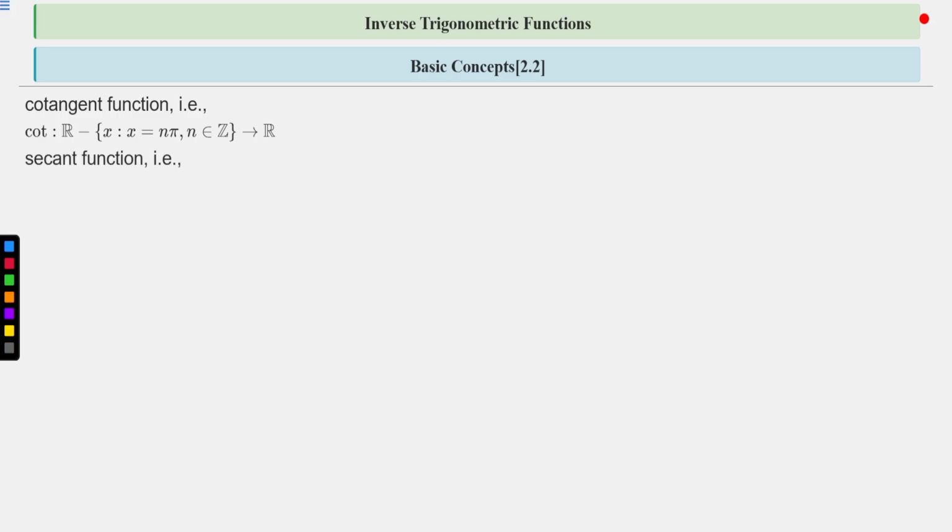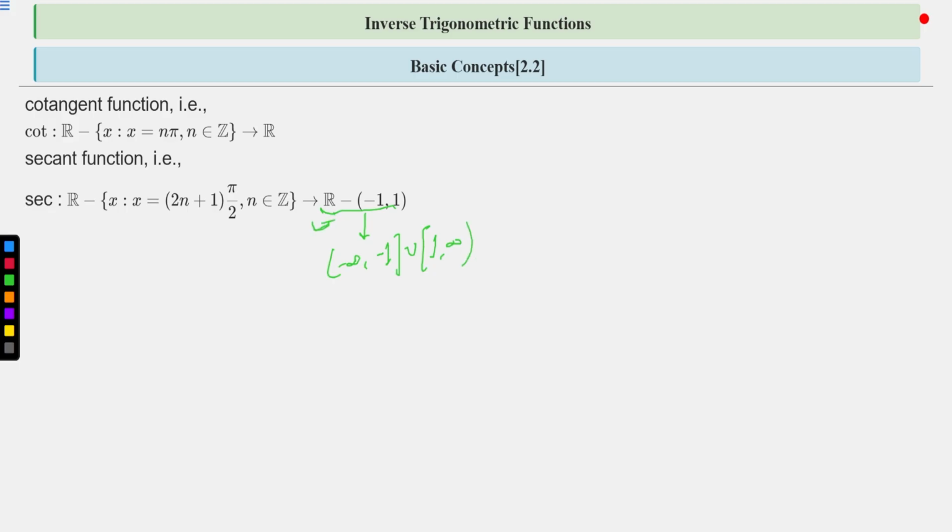Next function, that is sec theta. Sec theta will be defined from all real values except x, such that x is equal to (2n plus 1) pi by 2, where n belongs to Z, to all real values except -1 to 1. So this is this thing, and we can write this one. Both are the same thing, right?